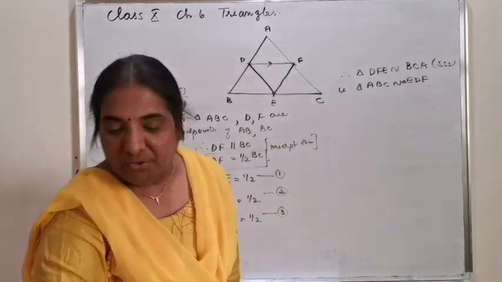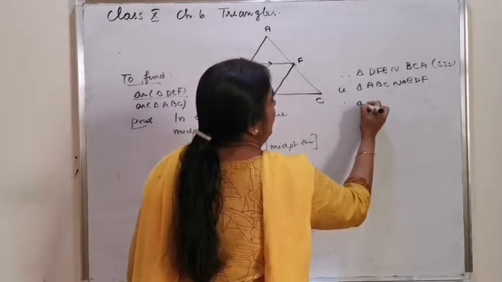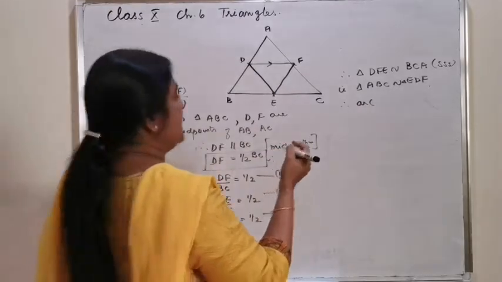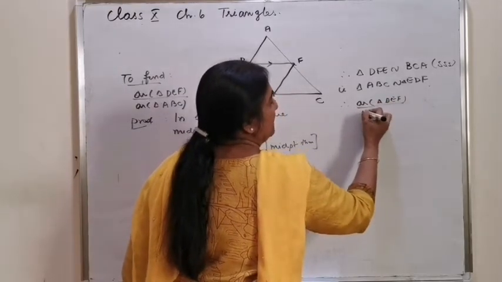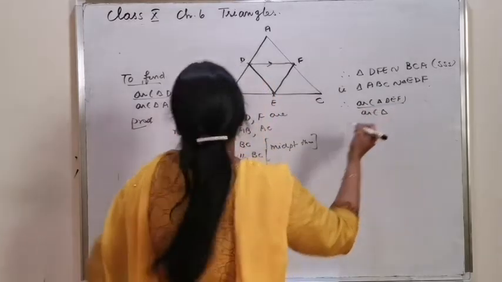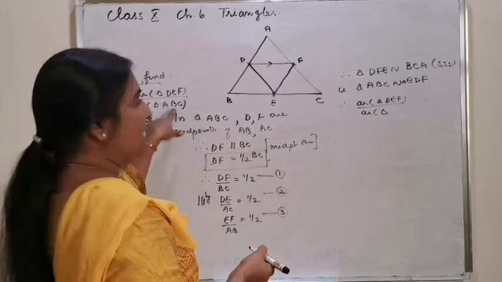They are asking you to find the area. Therefore, area of triangle DEF by area of triangle ABC, it should actually be ACB.